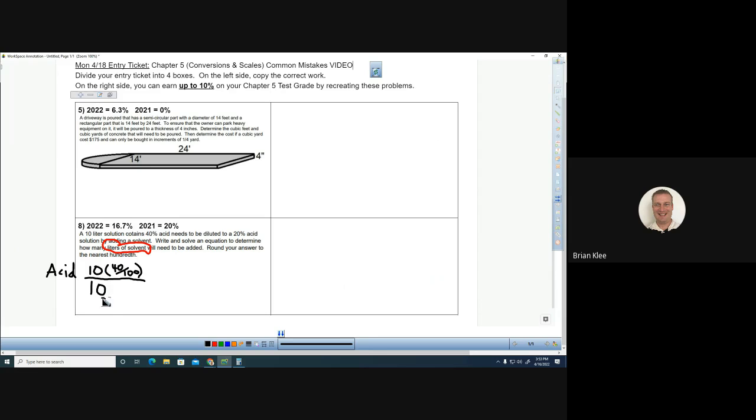That would simplify to 4/10, which is the same as 0.4, which is the same as 40%. Okay? So that's why that part of the equation should make a ton of sense.